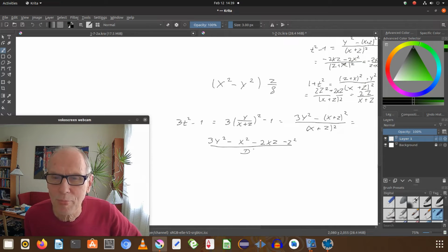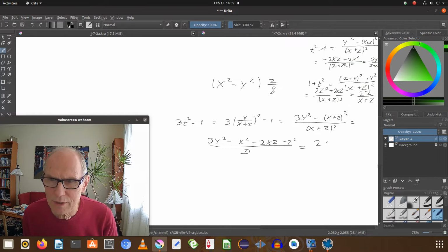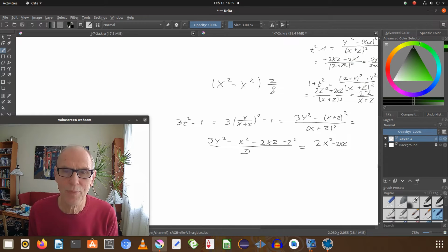So, don't you think we should get rid of y? Three x to the second and 3z. It's z to the second minus 3x to the second. Not sure that's a good idea.